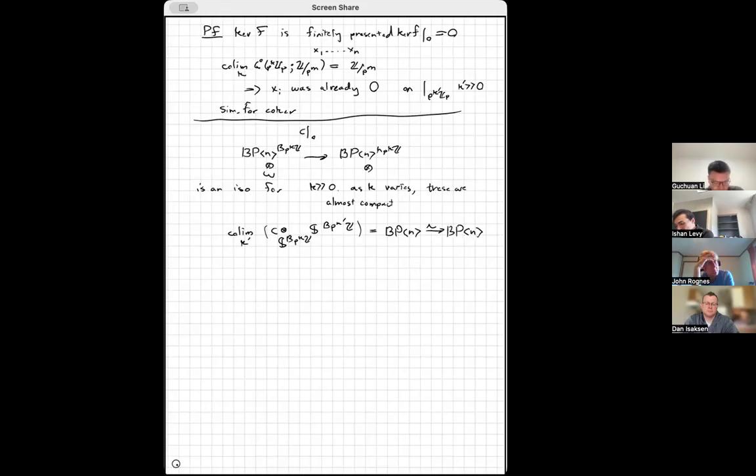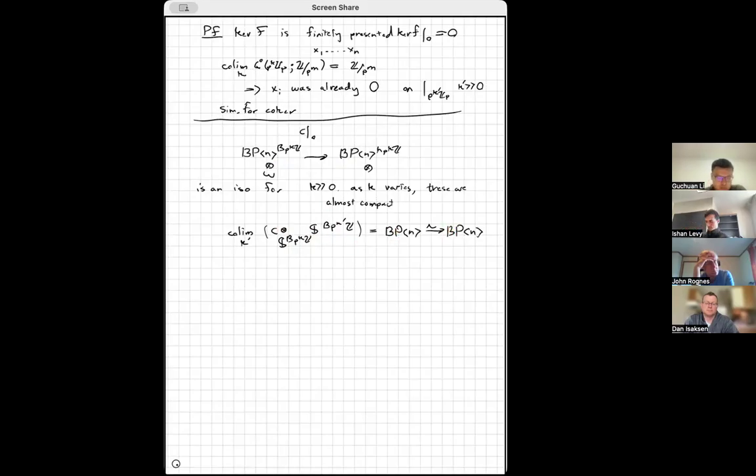And so that's clearly an isomorphism. And so what this is saying is that you have a bunch of bounded, almost compact modules over a ring, and you're base changing them along some filtered colimit that remains bounded. And in that filtered colimit, you get an isomorphism.